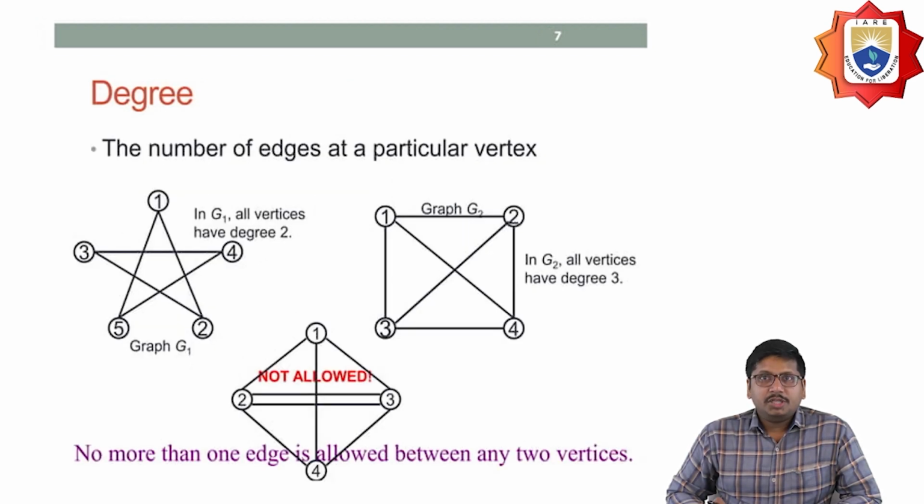And next, what is the degree here? The degree is nothing but the number of edges at a particular vertex. In a graph, all the vertices are stored in the form of a representation, and degree is the number of vertices that are connected to the vertex.